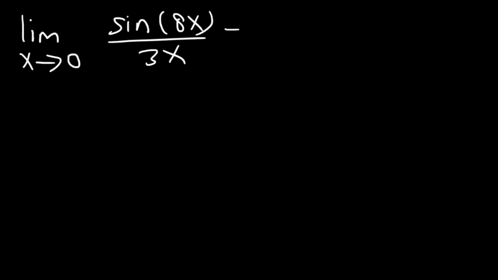Limit x tends to 0, that is sin 8x divided by 3x. Suppose I have the form 0 by 0, then simply you find the derivative of the numerator as well as derivative of the denominator.